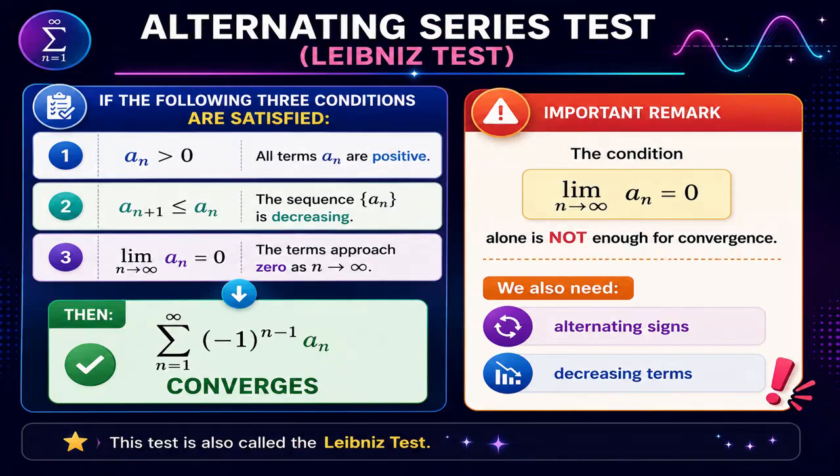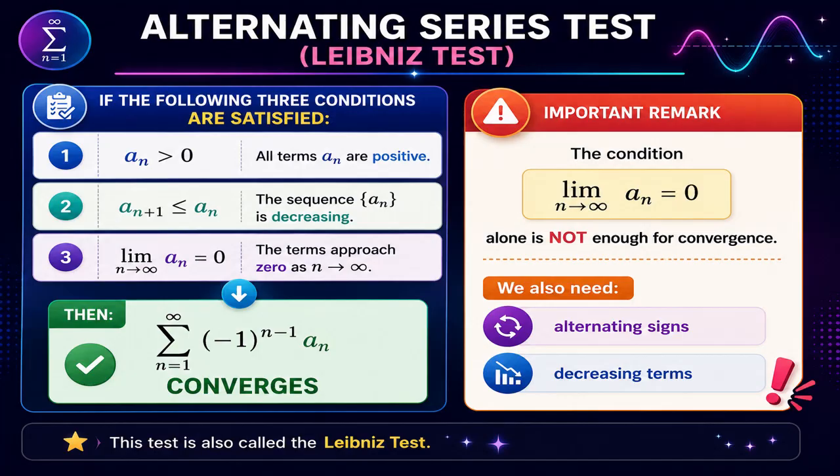To prove convergence rigorously, we use the alternating series test. It is also called the Leibniz Test. This test gives us three straightforward conditions under which an alternating series is guaranteed to converge. First, the term a sub n must be strictly positive. Remember, the alternating sign comes entirely from the power of -1.